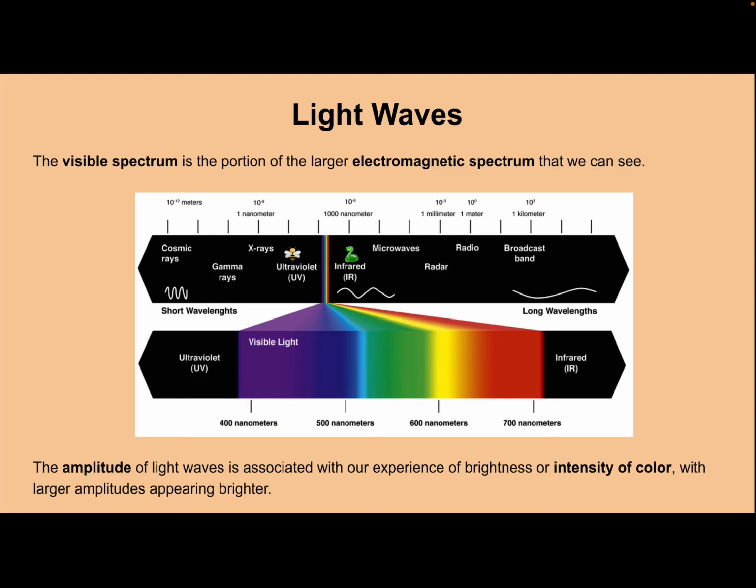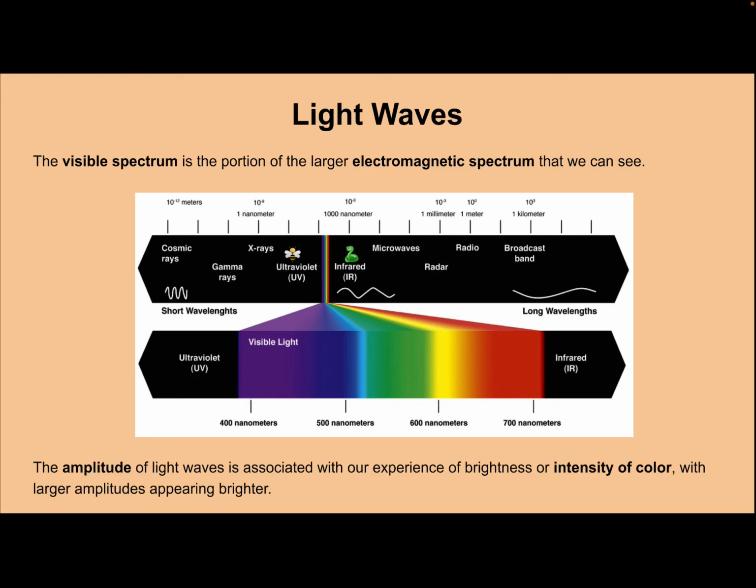Light waves. First we'll talk about light waves and then a little bit about vision. The visible spectrum is the portion of the electromagnetic spectrum that we can see. We can look at this whole electromagnetic spectrum of light waves that exist and look at that teeny tiny little portion, that little rainbow stripe between the bee and the snake.